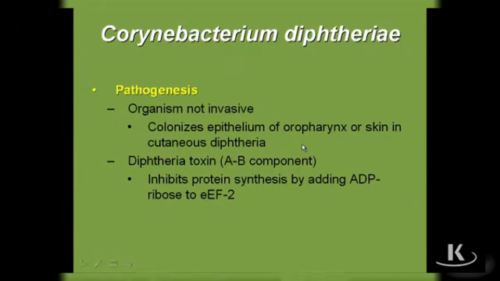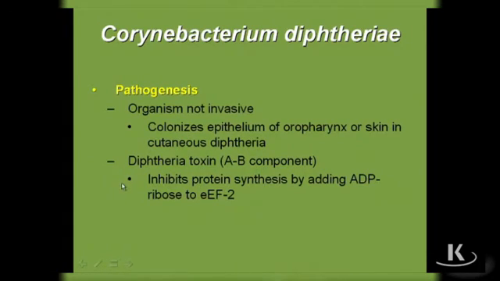It goes, we know, to the heart, it goes to the nerves, but it is not a systemic infection. It's not invasive. What happens is you get colonization by Corynebacterium, and the organism will start making the toxin.